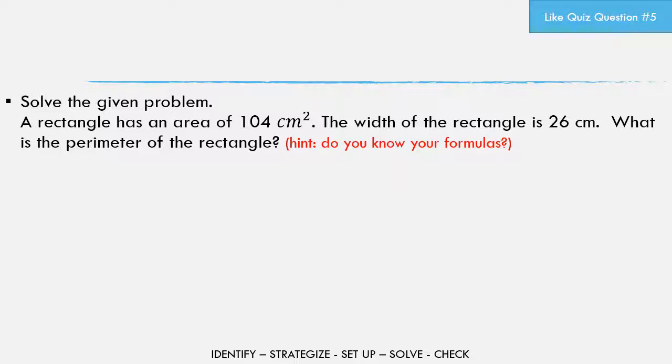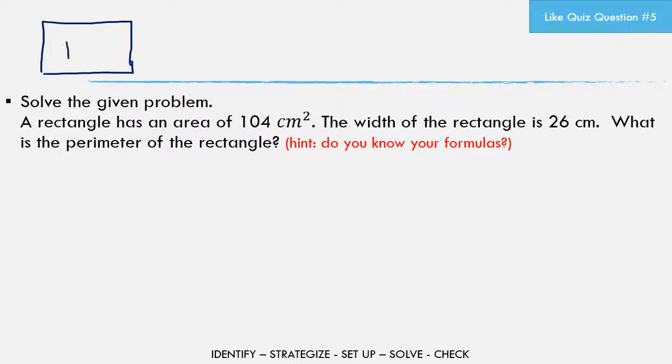And let's go ahead and finish up with our last example, quiz question number 5. We need to solve the given problem, and the problem states that a rectangle has an area of 104 centimeters. As soon as we see that, we can draw our rectangle.